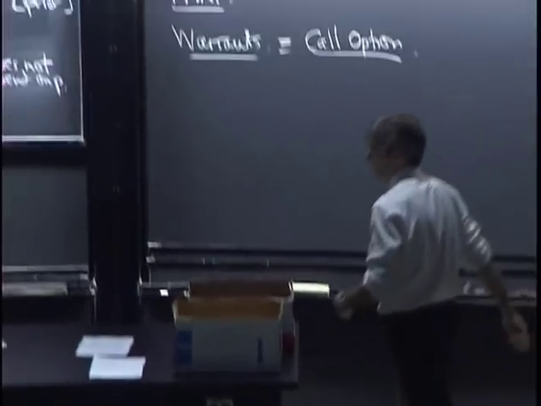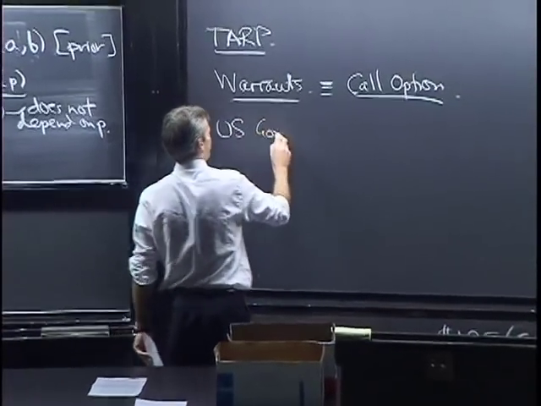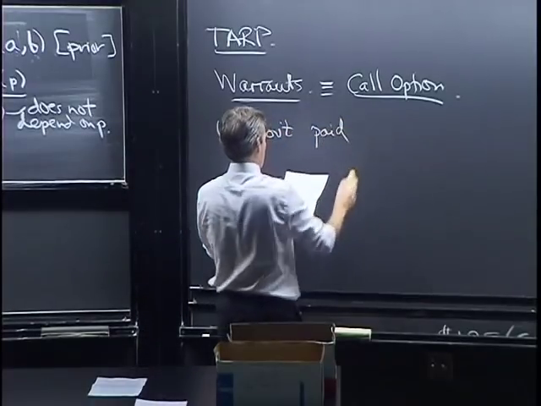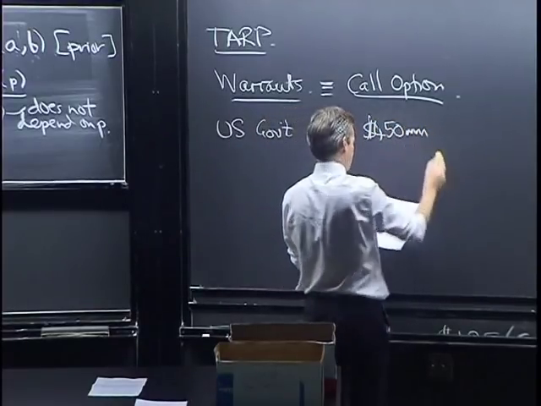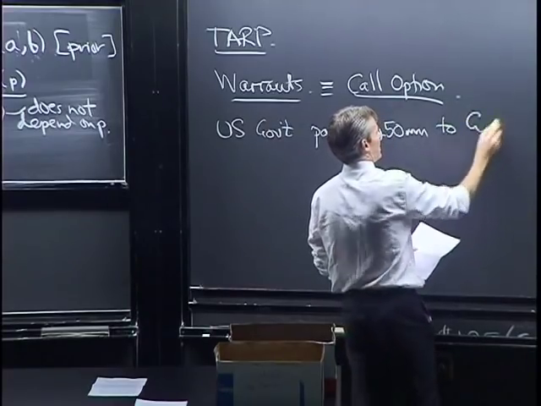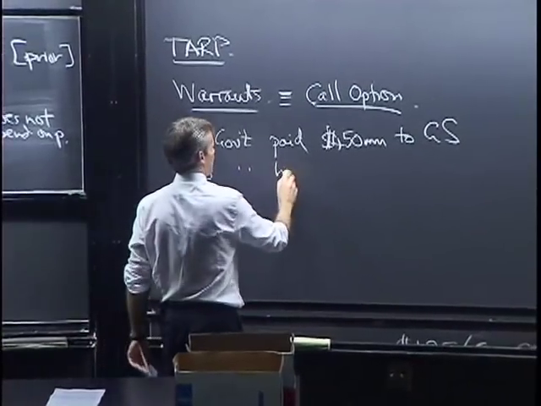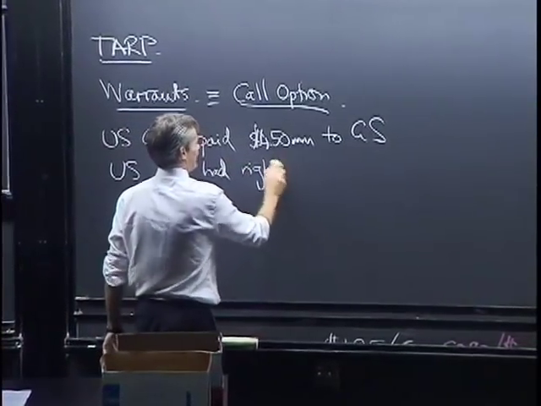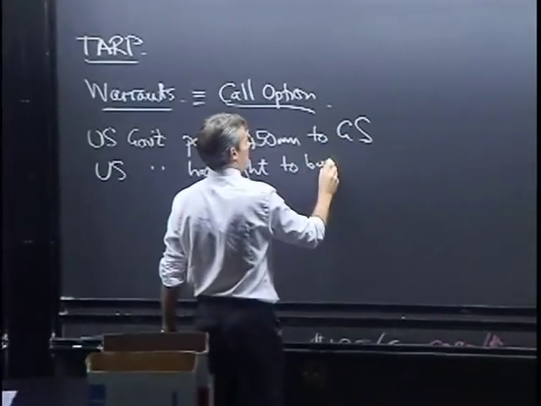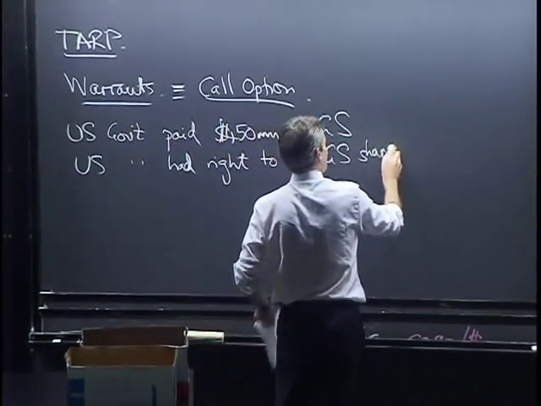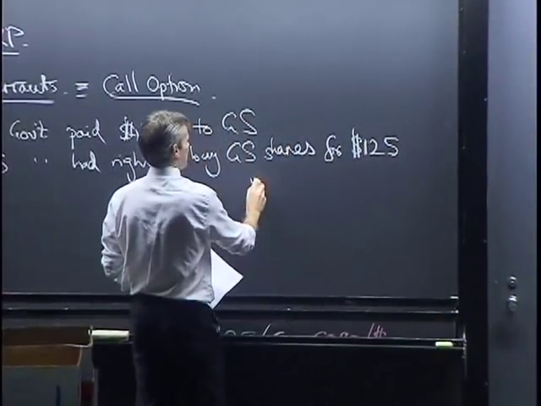Let me just write down what the government actually had. The US government paid, I've rounded the numbers, $450 million to Goldman Sachs, GS, and in return, the US government had the right, so the right is not the obligation, it's the choice, the option, to buy Goldman Sachs shares for $125 in 10 years' time.